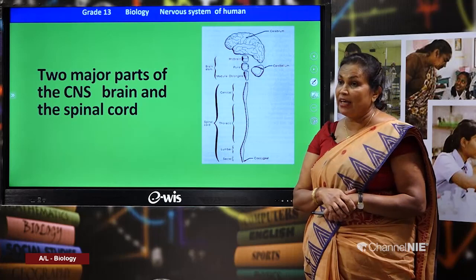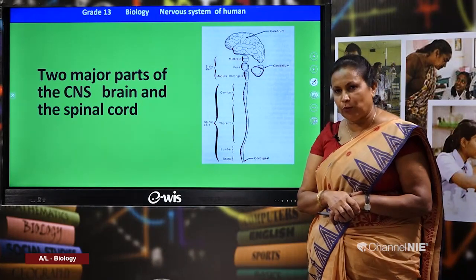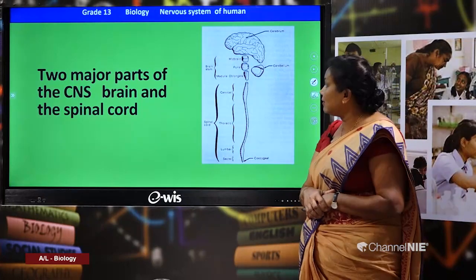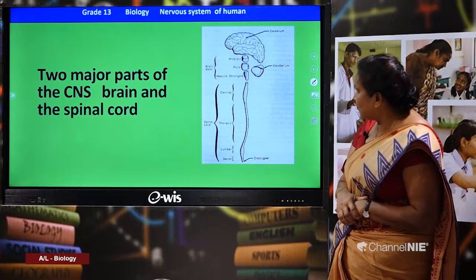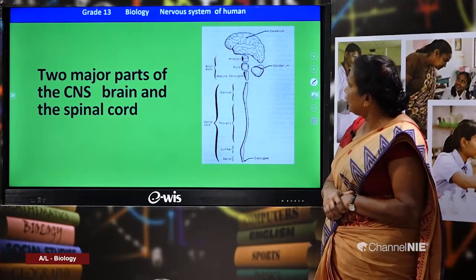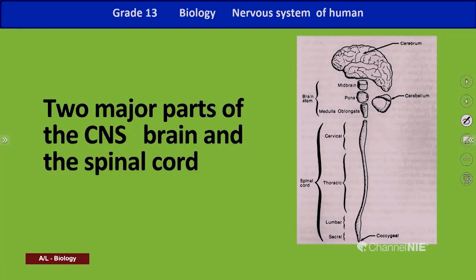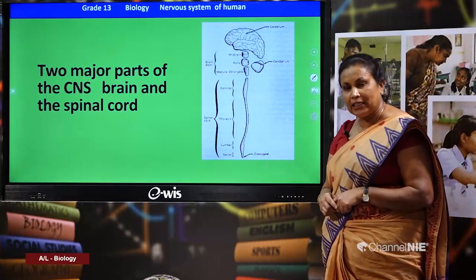It's a very important part, a vital organ in humans. It is present within the cranium, which is a bony covering. The rest of the part is present within the vertebral column. Two major parts in the central nervous system, as you see here, are the brain and the spinal cord.